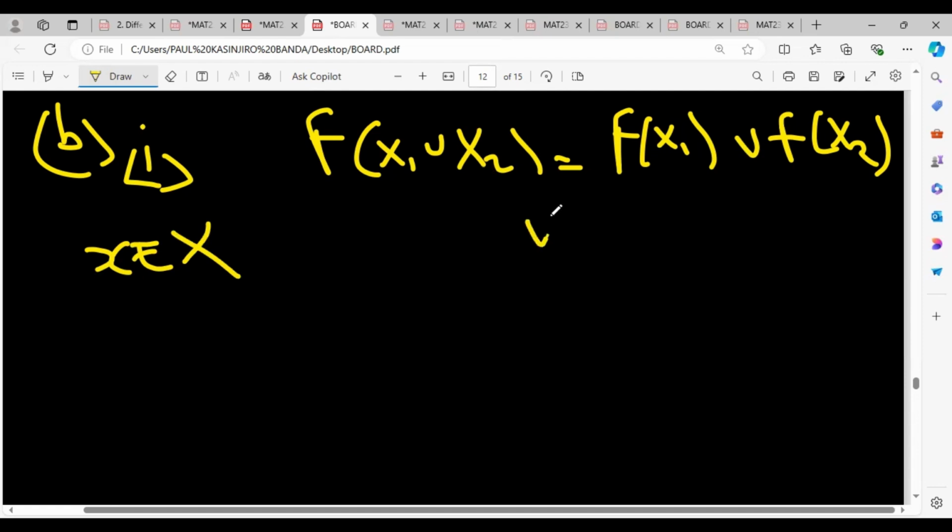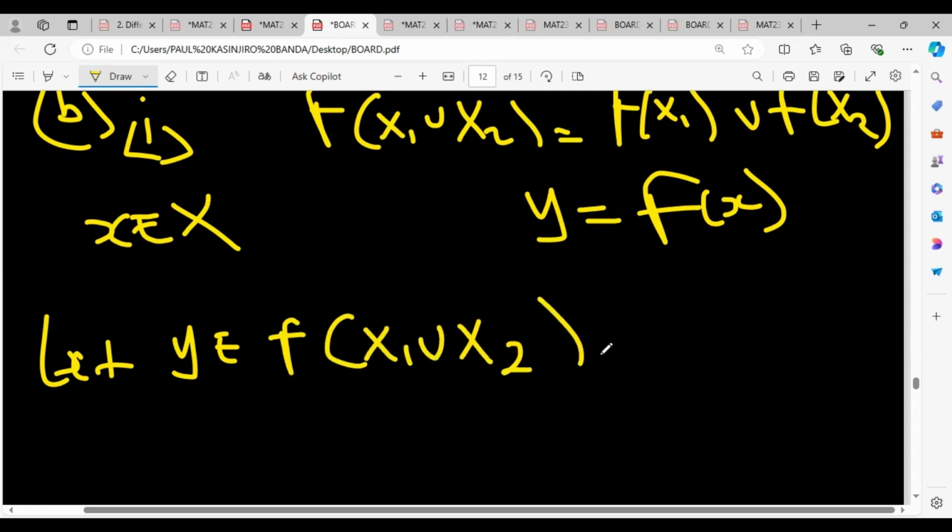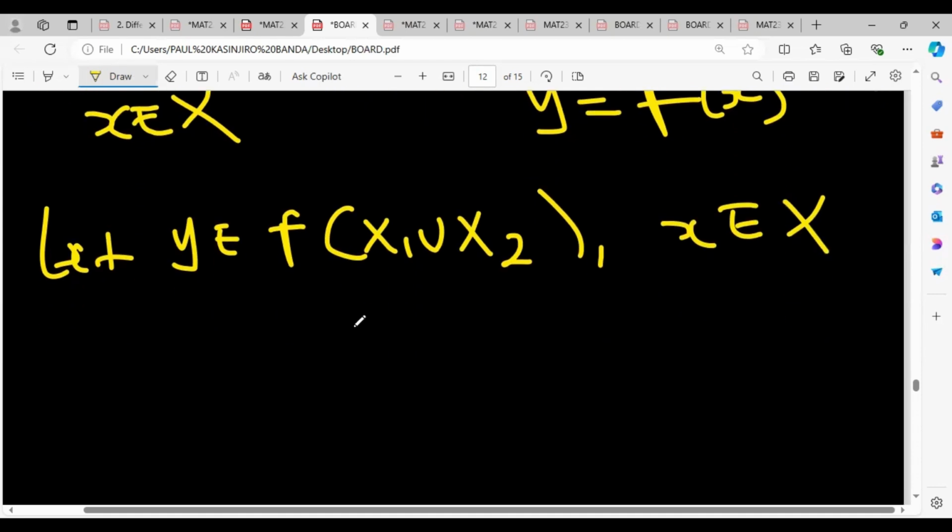It's also important to note that if I write my Y, this Y will be the same as F of X. So we prove it by letting Y be a member of this set, because we know this set represents Y. So let Y be a member of F of X1 union X2. Then what does that mean? It means that there's an X in the set X such that Y equals F of X.